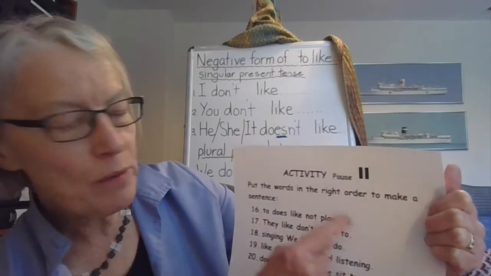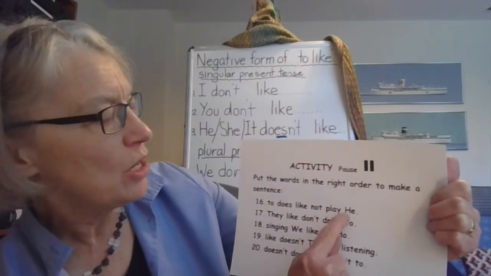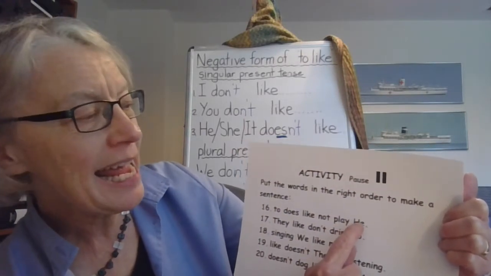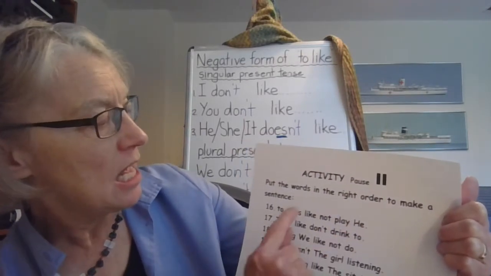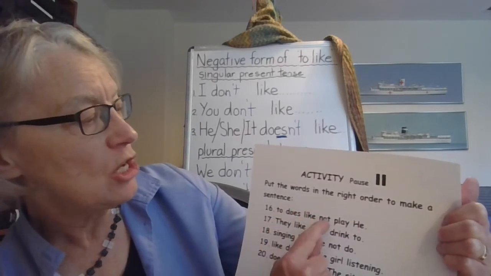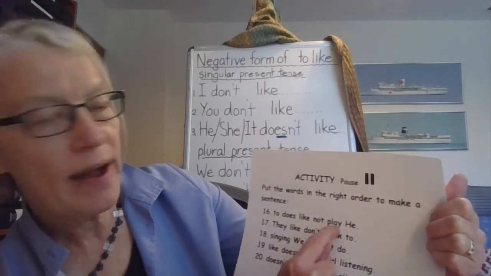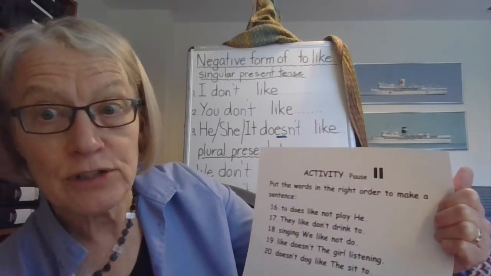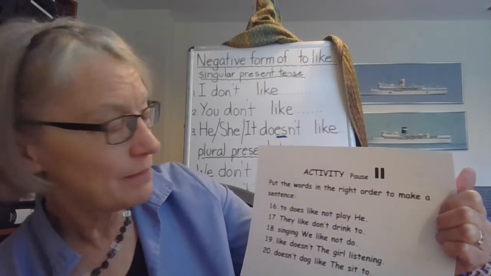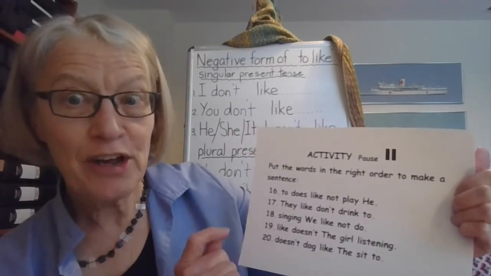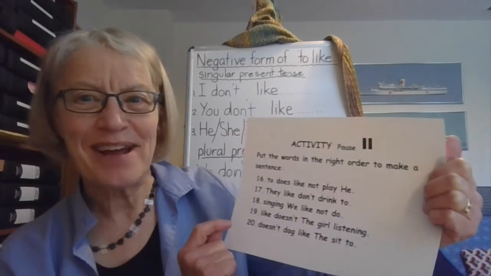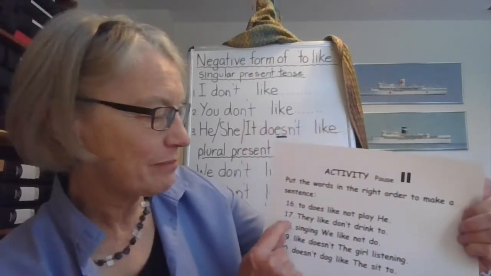So what we would do to rearrange all these words, we would say he is the first word, does not like to play, and then the full stop. So now you know what you've got to do. You have to do the rest by yourselves.